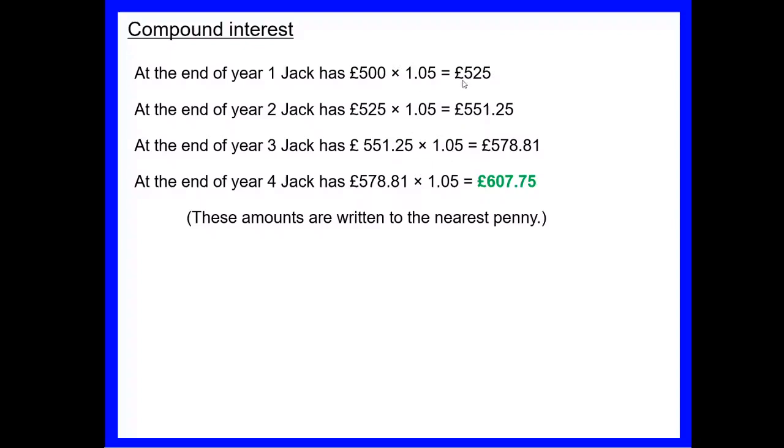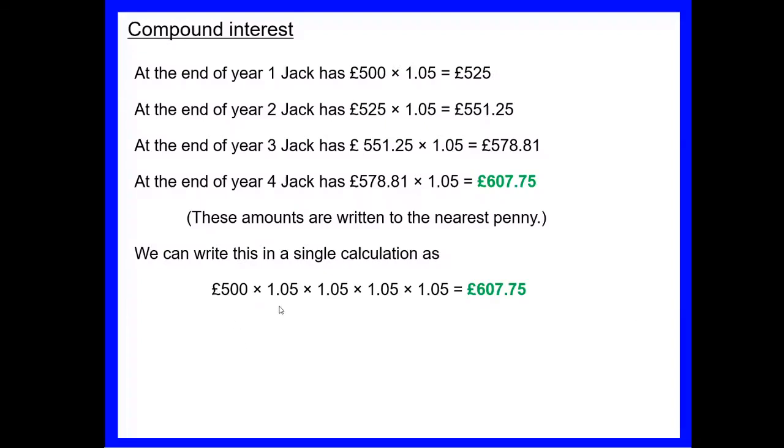So instead of pressing equals in between to get all the totals in between, we could just type in 500 times 1.05 times 1.05 again and again and again for the 4 times that we want it, and get the same total straight away. So all we're doing is skipping pressing equals in between each of these calculations, and that's made it a lot shorter.